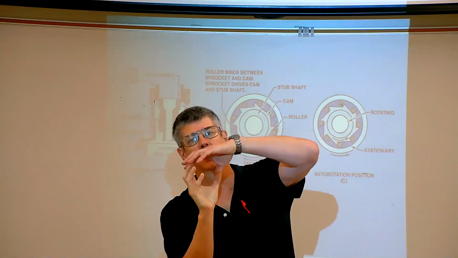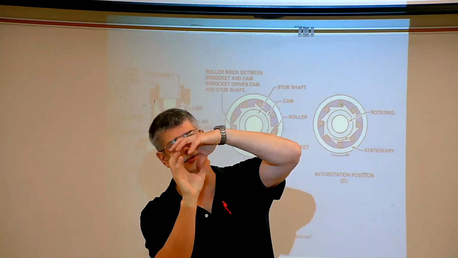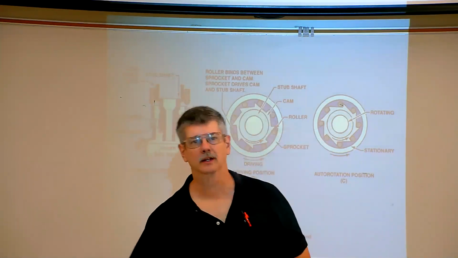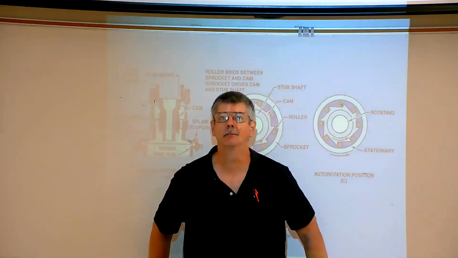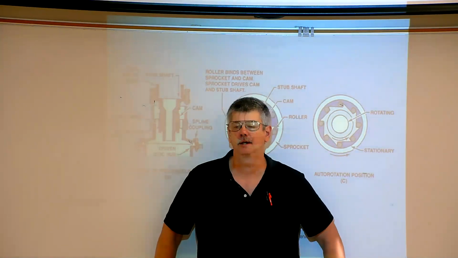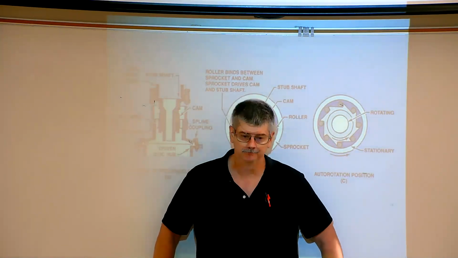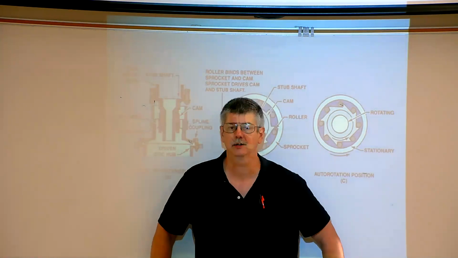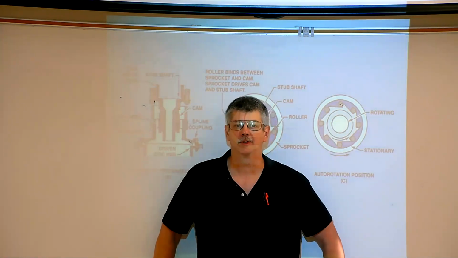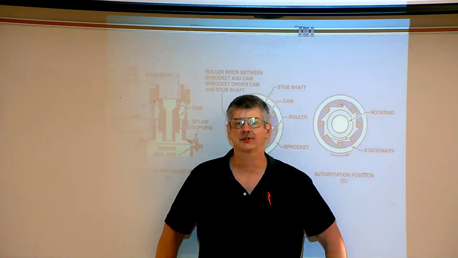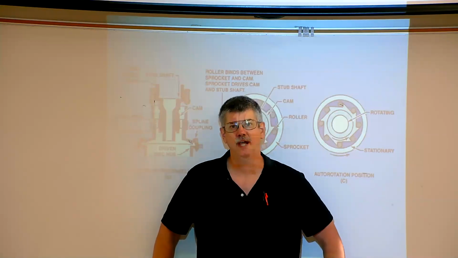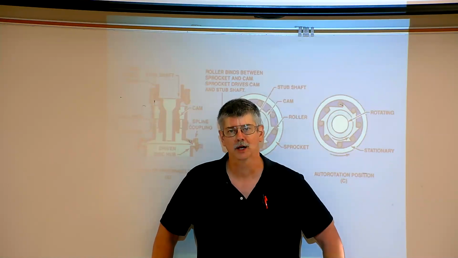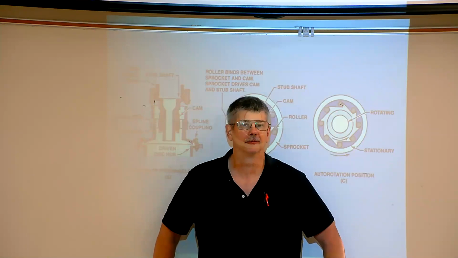If the rotor blade turns faster than the drive, then it's a freewheeling unit. It's very similar to a 10-speed bike, meaning a bike with gears. If you notice, you can push the pedal that turns the rear wheel, but if you stop pedaling, the rear wheel keeps spinning. That's the freewheeling clutch.